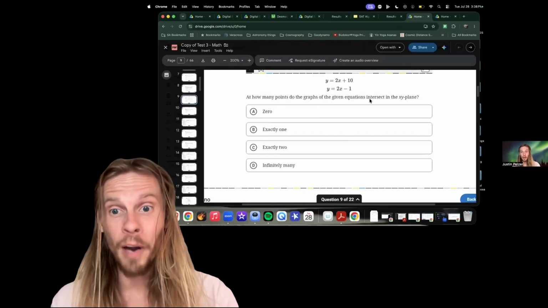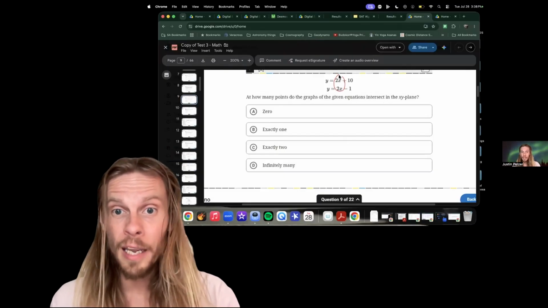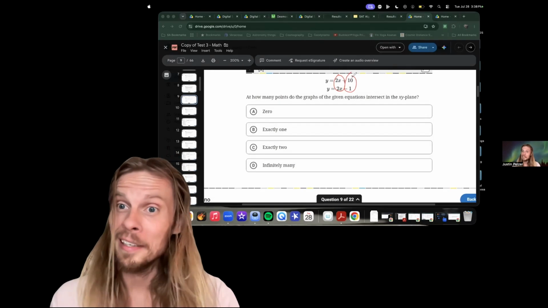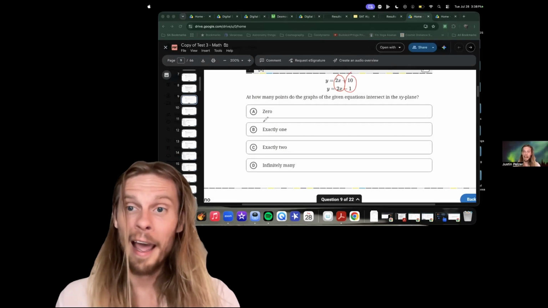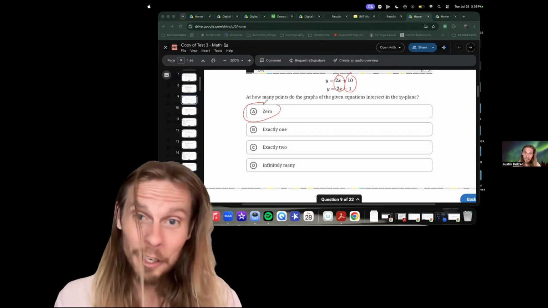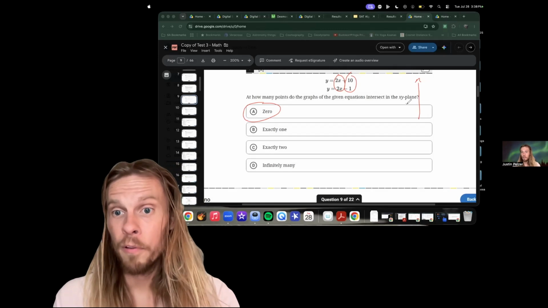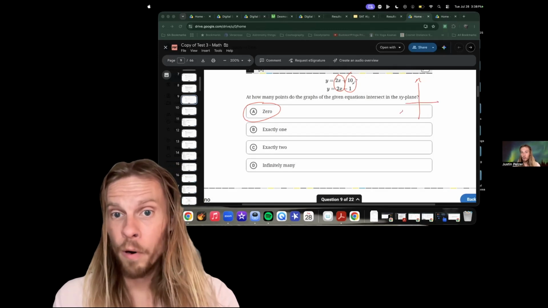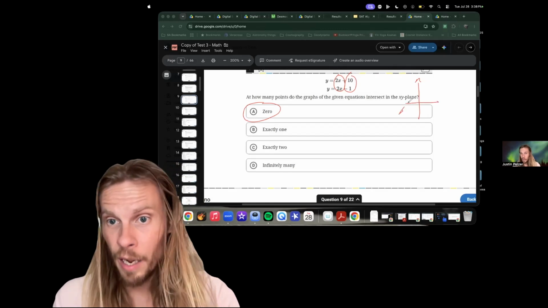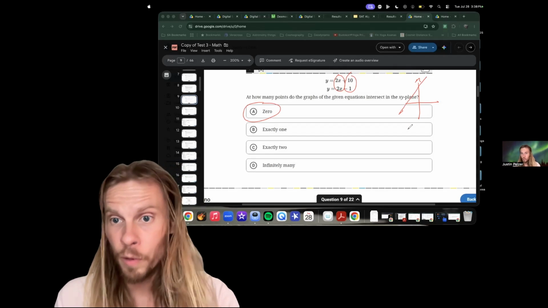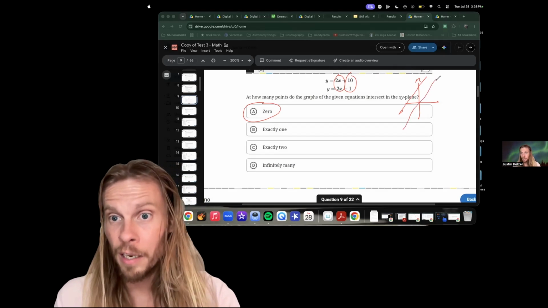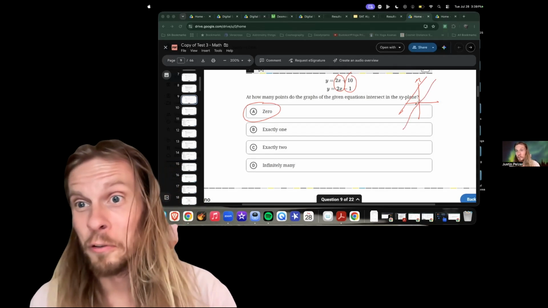How many points do the graphs intersect? They have the same m, but different b's. So they intersect at 0 points, because if I were to graph both of these, I would see that one of them is 2x plus 10 and it goes way up here. One of them is 2x minus 1 and goes like that, or something like that if I drew it a little better.